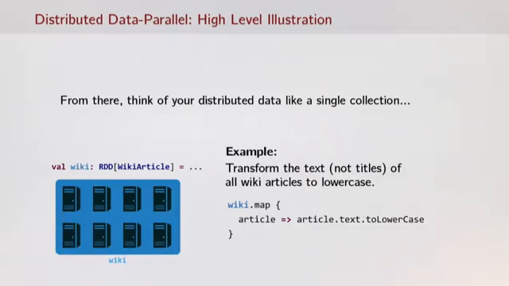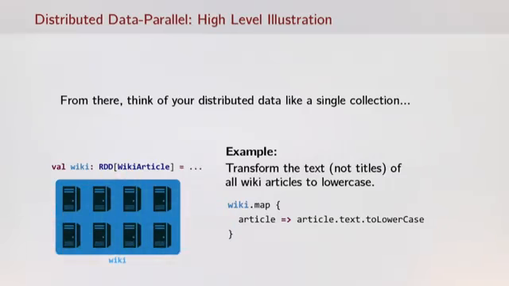So now you have a very large collection that's spread over, in this example, let's say 8 machines, and you have one name to refer to all of that distributed data. Now I can think of it as if it's a single collection, like a single list or something, right? So I can refer to this thing called wiki, and in fact, I'm referring to the distributed data that's spread over these 8 machines.